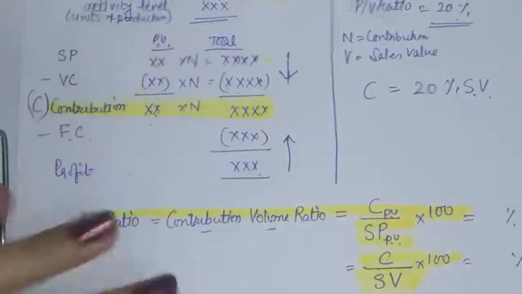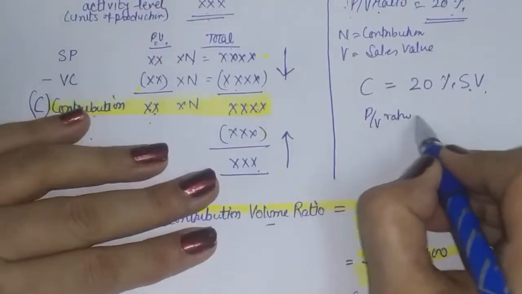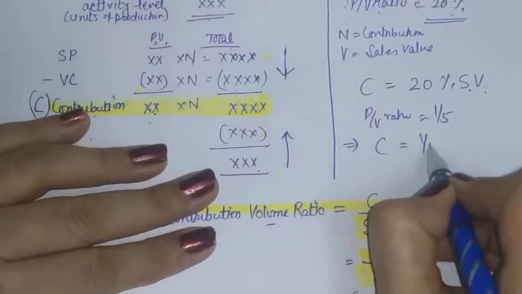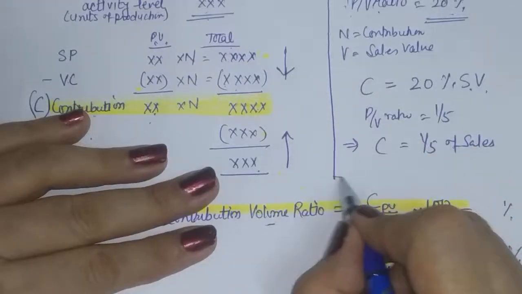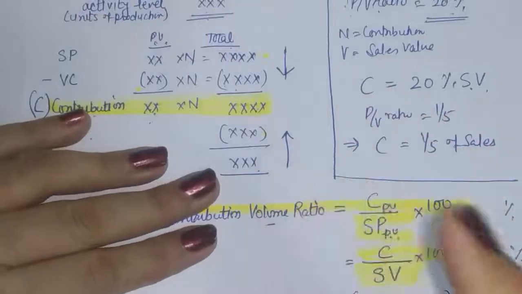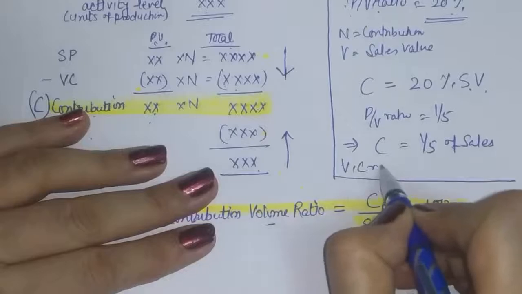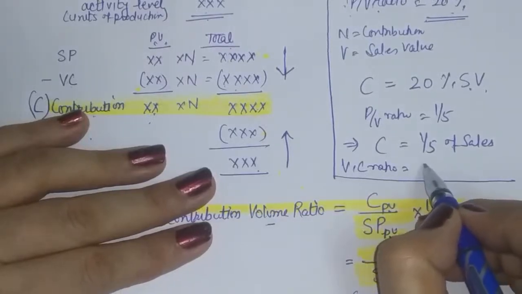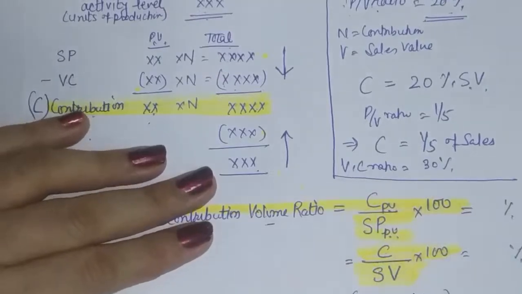If we don't take this ratio in percentage form, say if I say PV ratio is 1 by 5, it will imply contribution is 1 by 5 of sales. So any ratio will always give you the numerator with reference to the base. Likewise, if I say variable cost ratio is say 30%, what does it signify?